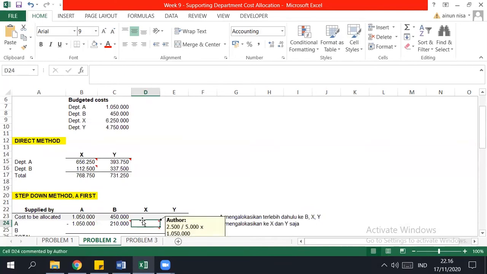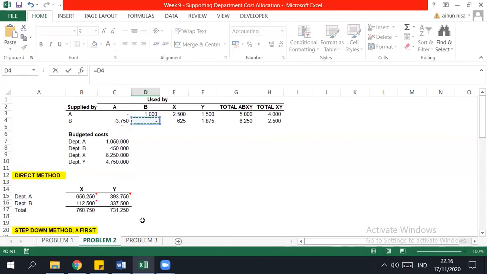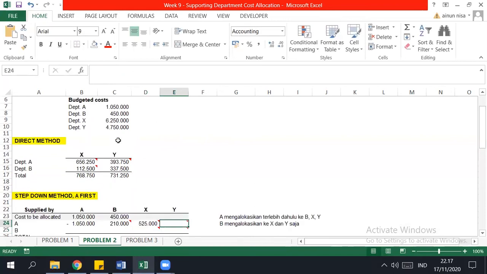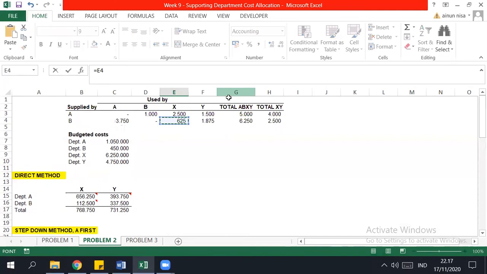Then for Department X, it is the usage of Department X, which is 2,500, divided by 5,000, the total usage by Departments A, B, X, and Y, and then multiplied with the cost of Department A. And for Department Y, it is 1,500 divided by 5,000 and then multiplied with the cost of Department A.